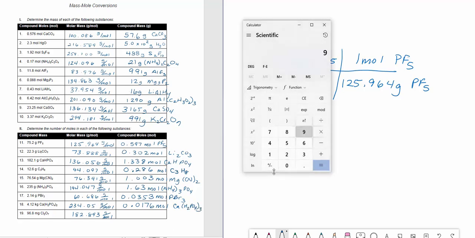And finally, number 19, 96.8 divided by 182.893, and I get 0.529 moles of my compound.